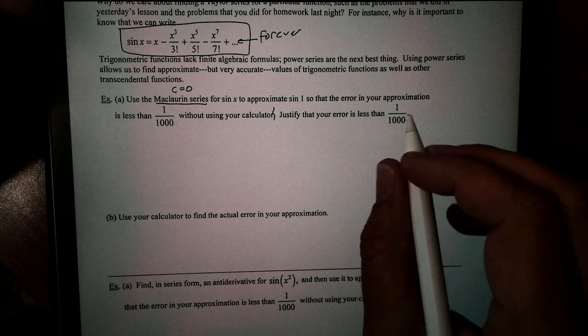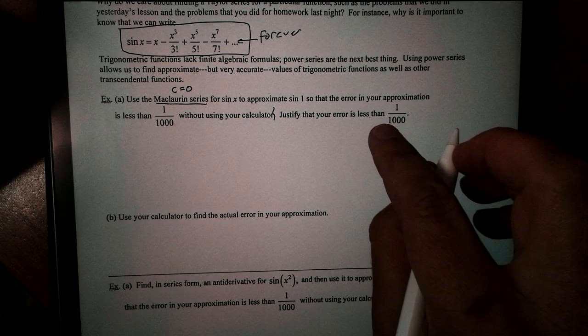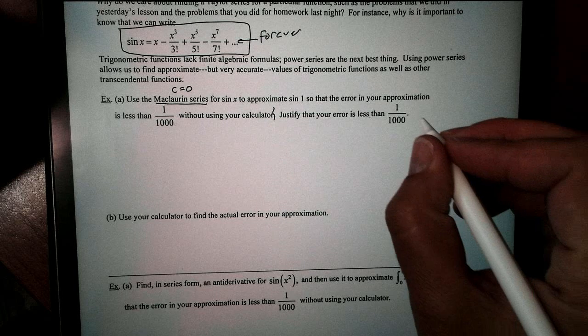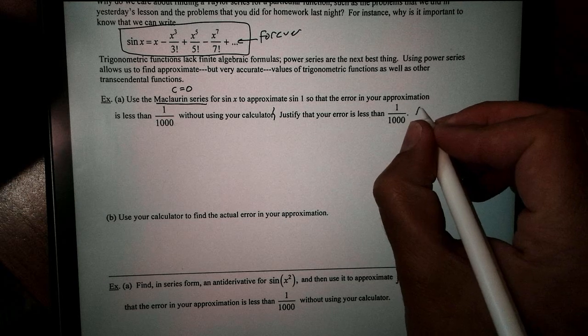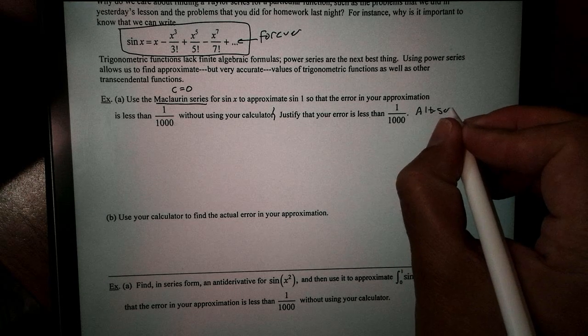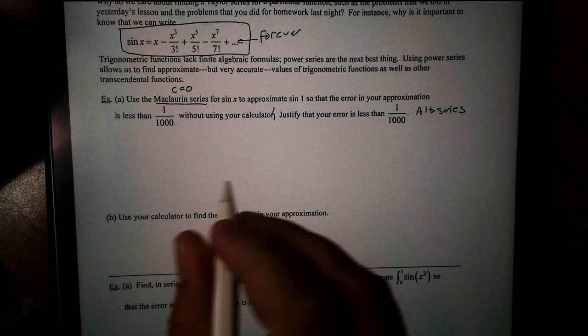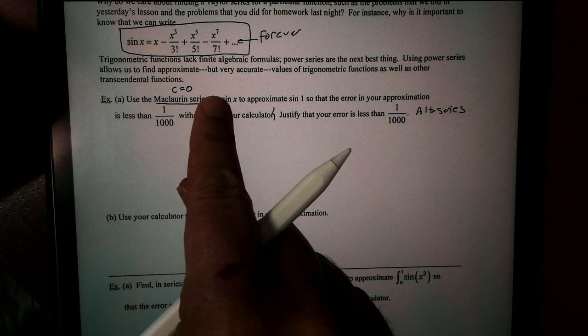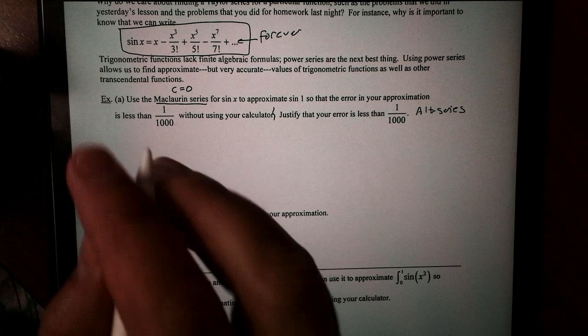Now you might recall yesterday that the Taylor series for the sine function is an alternating series. So this is going to be our alternating series remainder test here. For the first part, let's use our Taylor series to approximate sine of 1.